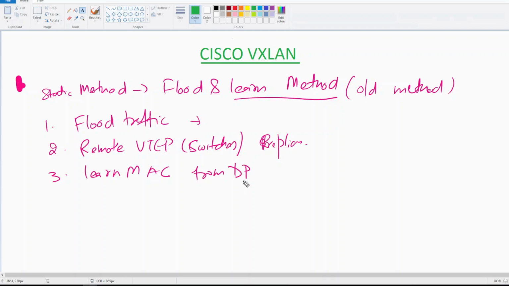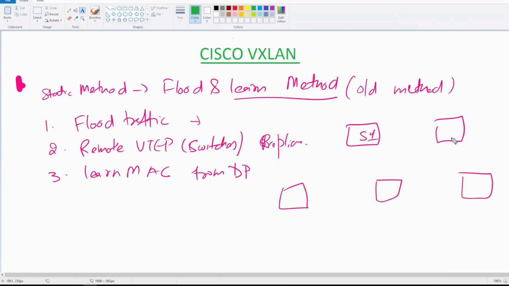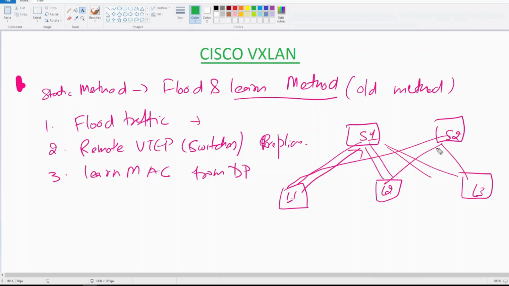So if I explain in this topology, spine 1, spine 2, leaf 1, leaf 2, leaf 3. Whenever leaf 1 tries to send a packet, it will flood the packet to all the devices.